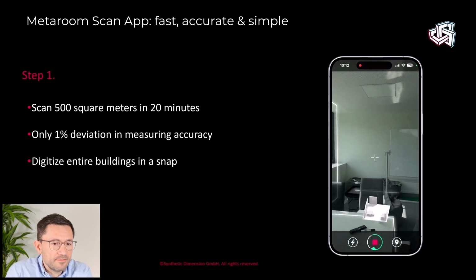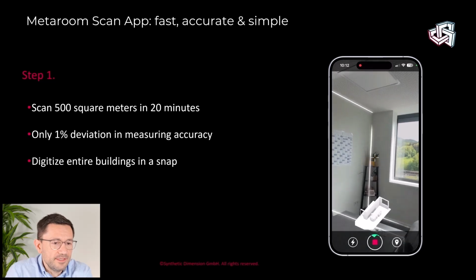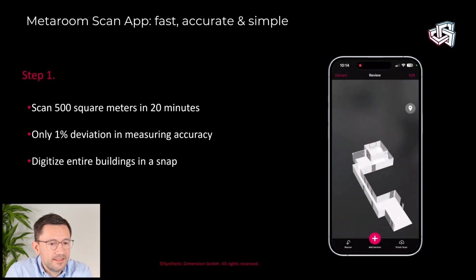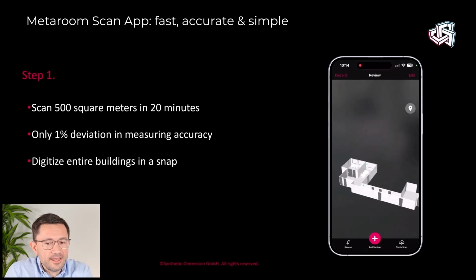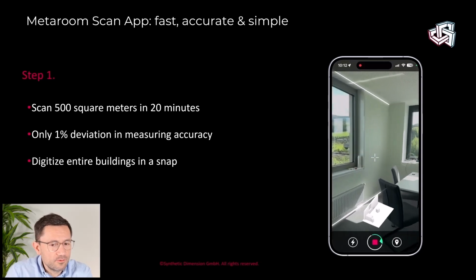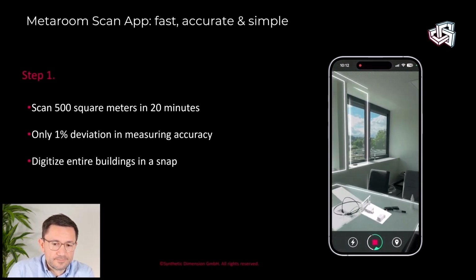You can see here some KPIs, like 500 square meters in 20 minutes. The measurement accuracy is at 1% deviation. And you can digitize complete buildings. This means not only a single room, but multiple rooms and even multiple floors.